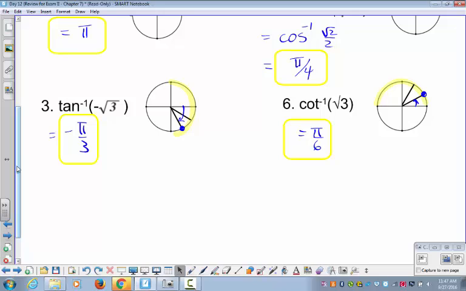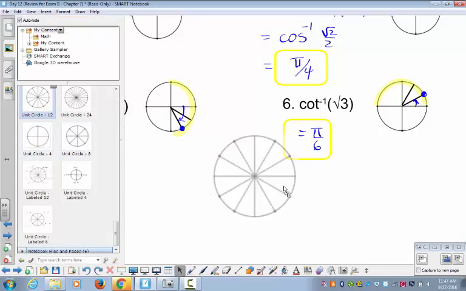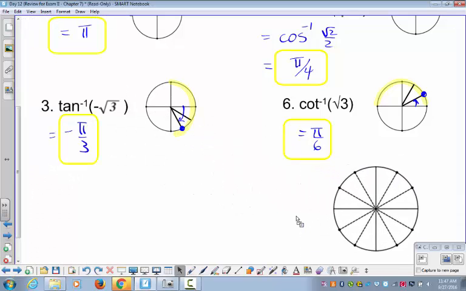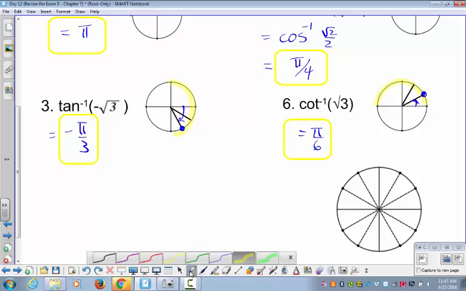Okay, got it. All right, so first off, inverse cotangent's on top. And when we look at a 12-sector circle, if we look at the slopes, we know we're in quadrant 1 because it's positive. So if we look at the ordered pairs here, this ordered pair is root 3 over 2, comma 1/2.